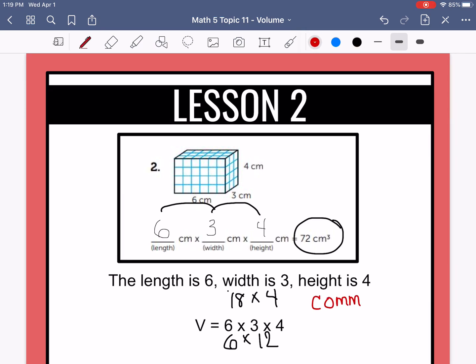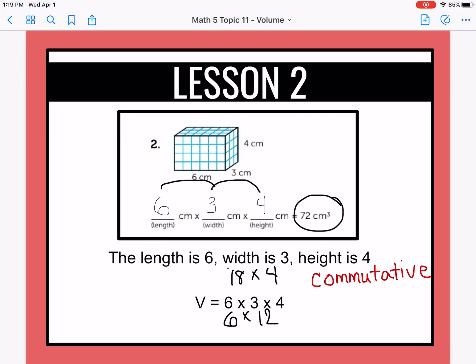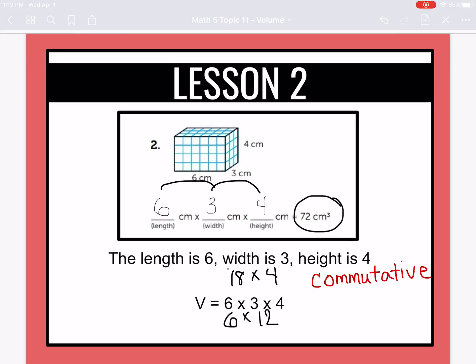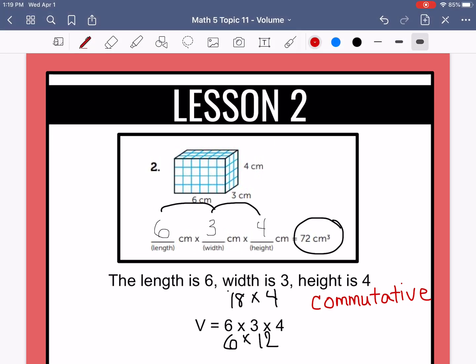You can move your multiplication around to make it easier for yourself. Okay, that is the commutative property. All right, so our volume formula, again, is just volume equals length times width times height.